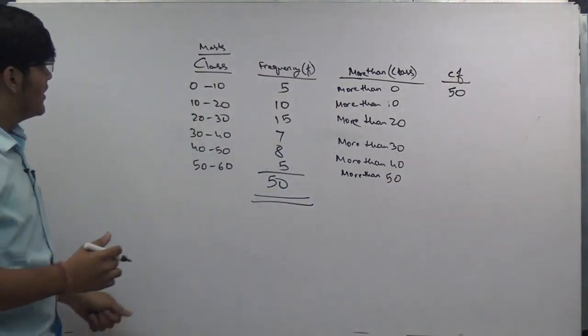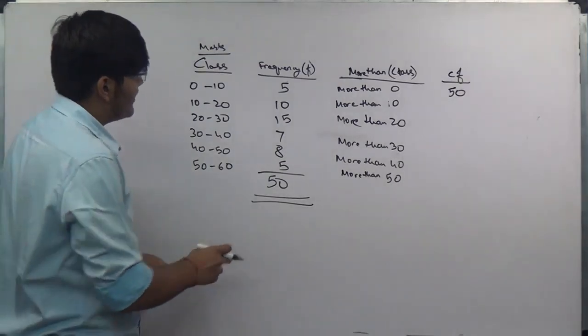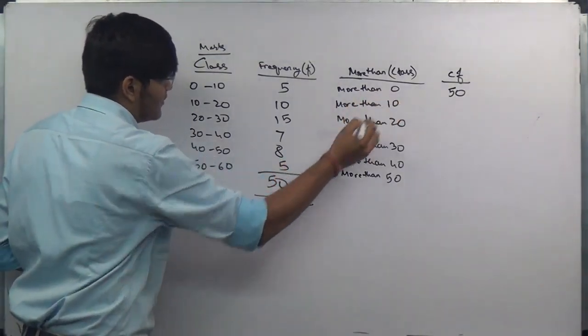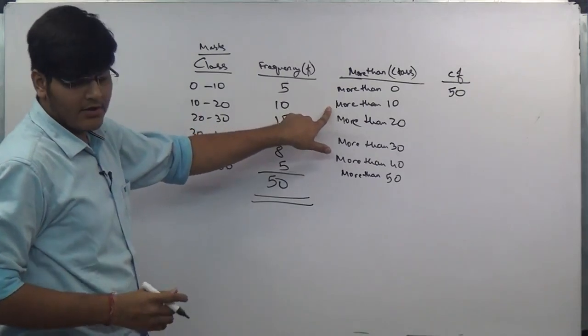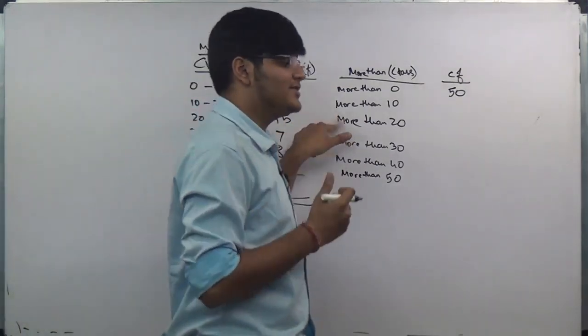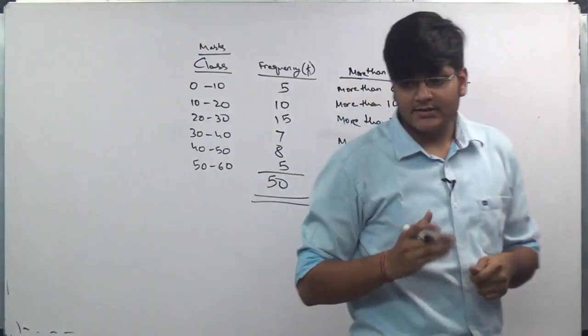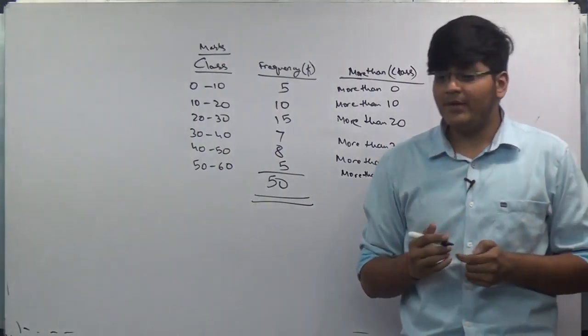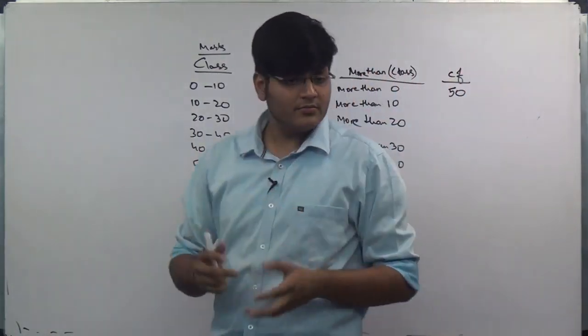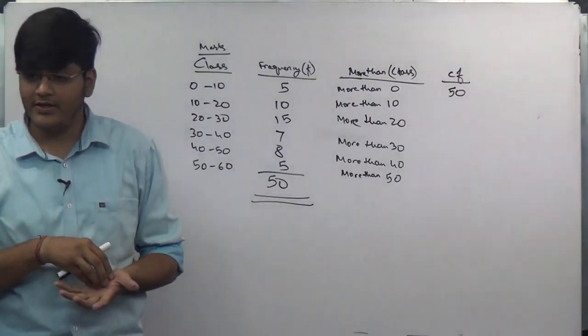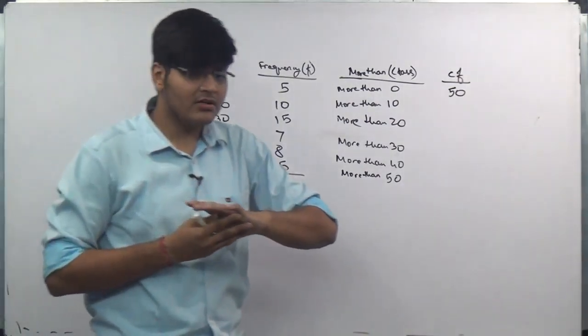What is the total number of people that we have? 50. Okay. Now it has been given more than 10. So how many people have to be excluded? In a class, there are total 50 people. Everybody scored more than 0, including 0.